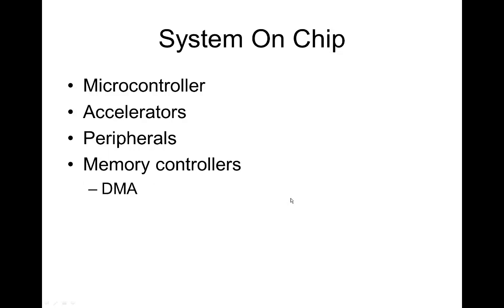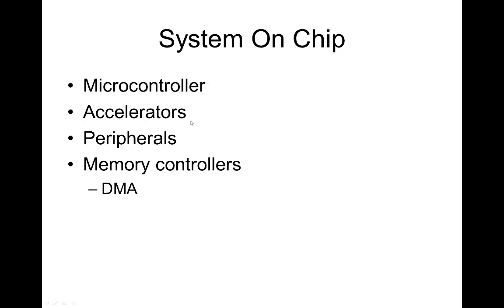Okay, so the biggest difference between the microcontroller that you used and the microcontrollers that you may use out there is something called system on chip. Basically a system on chip is a microcontroller, but we're going to put other things on there, other peripherals. We're going to have maybe code accelerators.